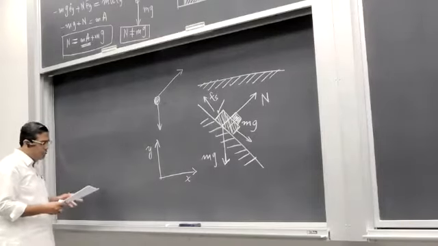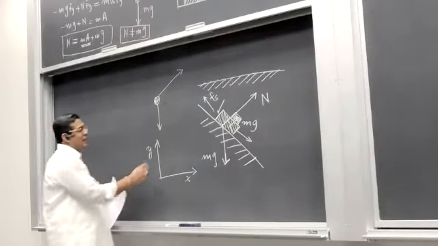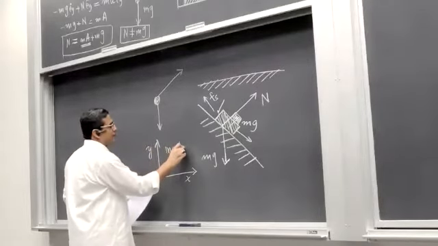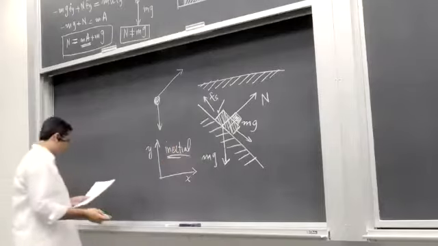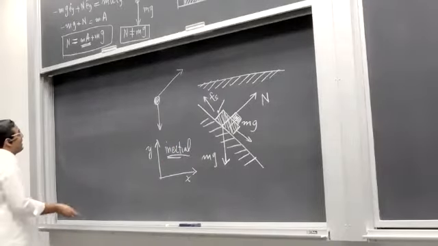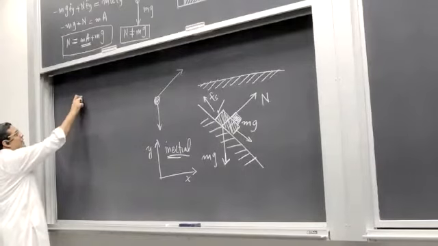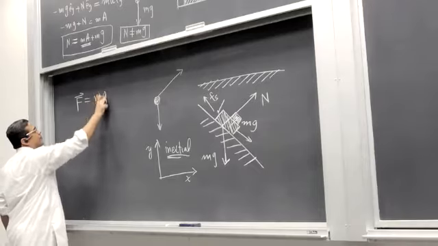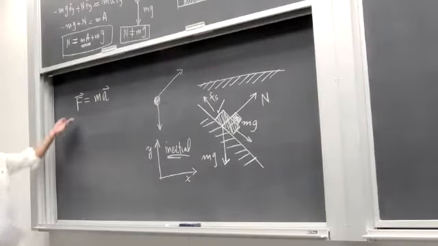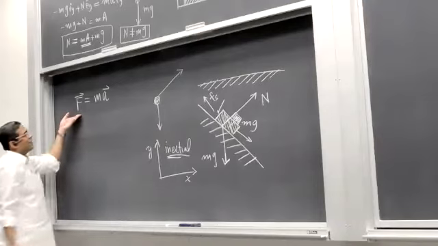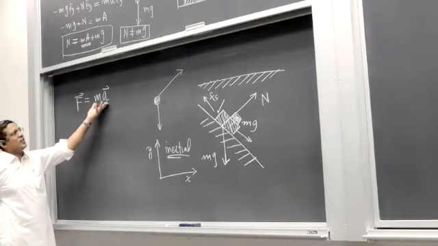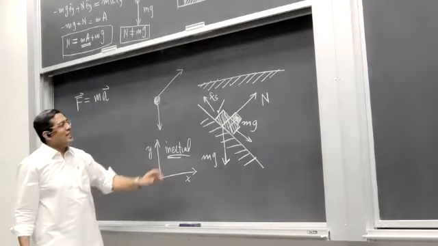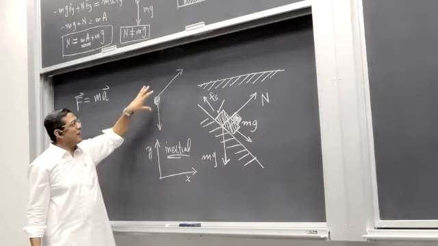Once you choose an inertial coordinate system, then apply this vector equation, Newton's second law: the vector sum of all the forces in your free body diagram on the left side, and the acceleration on the right side.